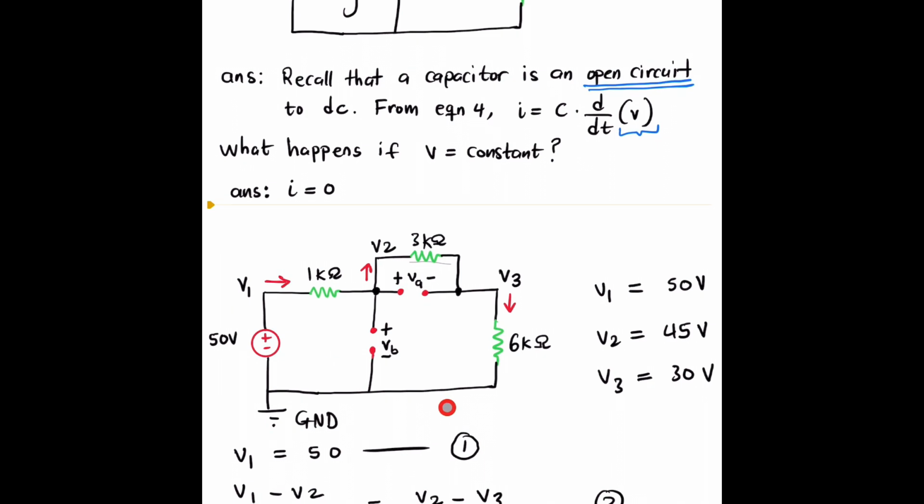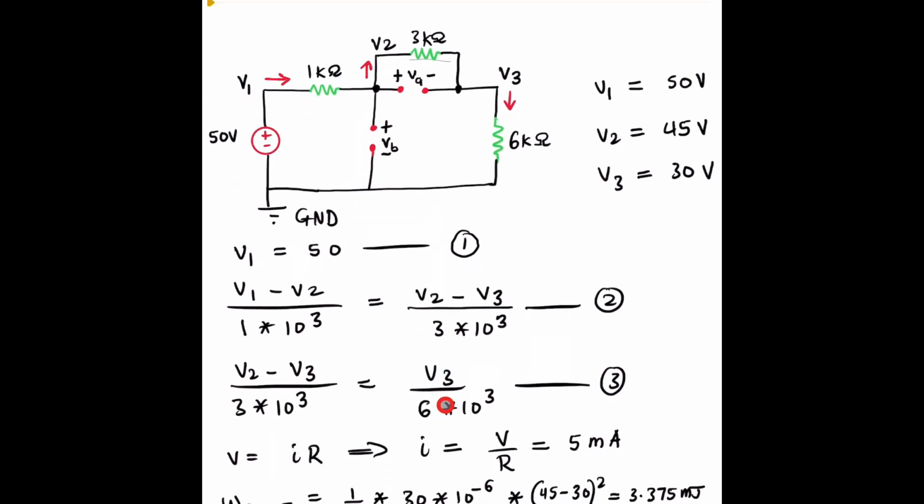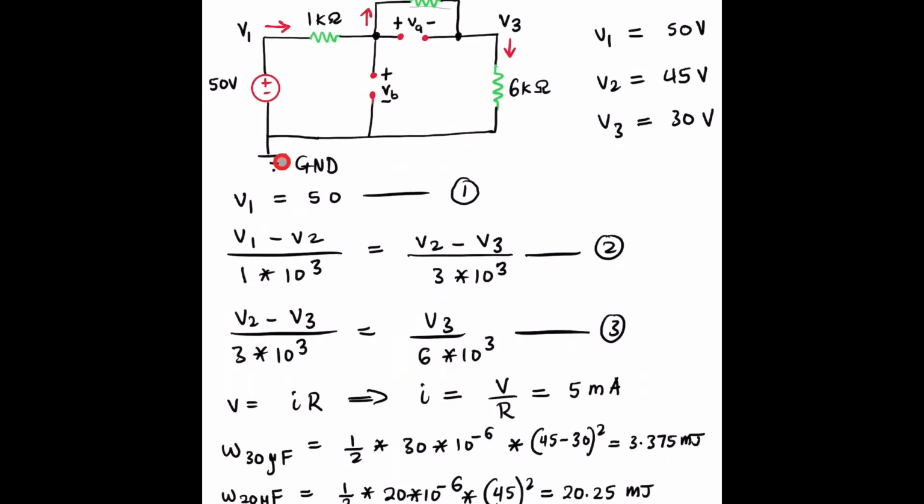From here, we use nodal analysis to find the node voltages V1, V2, and V3. So doing nodal analysis, this is ground, this V1 is 50. And at node 2, the current that is coming in here leaves here.